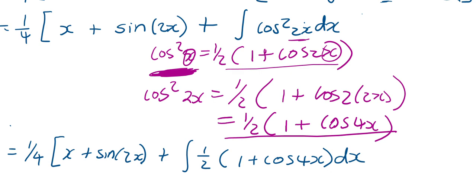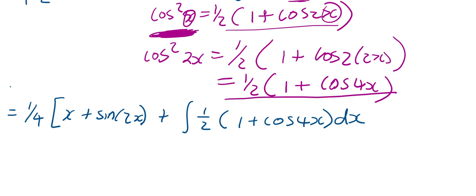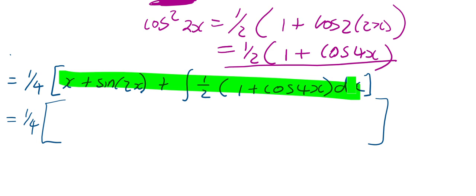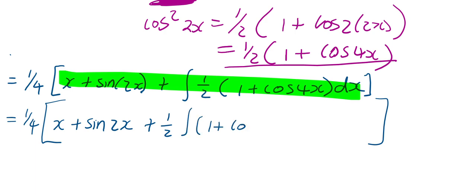I hope we are all together up to that point. So as I said, I like taking out the constant outside the integral sometimes so that it's easier for me to work. Now 1 over 4, remember the 1 over 4 covers everything inside here. So this becomes x plus sine 2x plus 1 over 2, the integral of 1 plus cos of 4x dx.